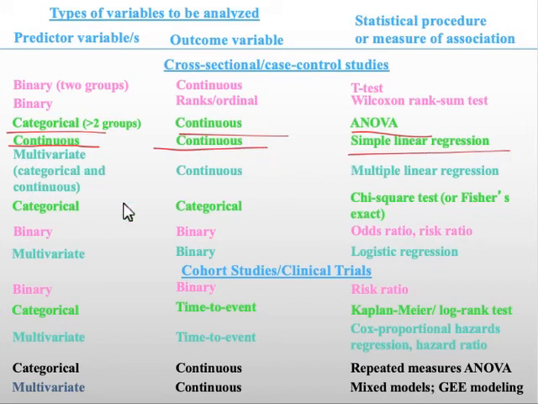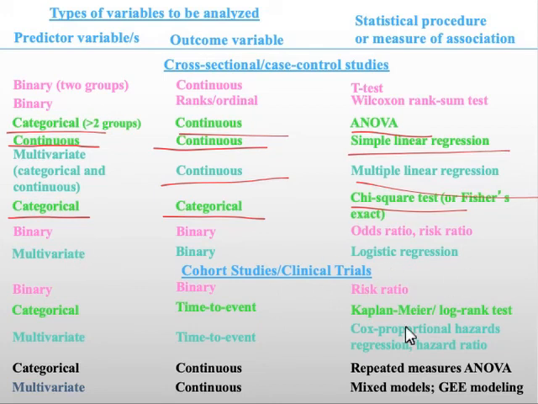If we have multivariate or categorical and continuous variables together on a continuous outcome variable, we would use multiple linear regression. If we have categorical variables here and a categorical variable here instead of a continuous test, so if we had grades instead of scores on a test, we would use the chi-square test or Fisher's exact test.